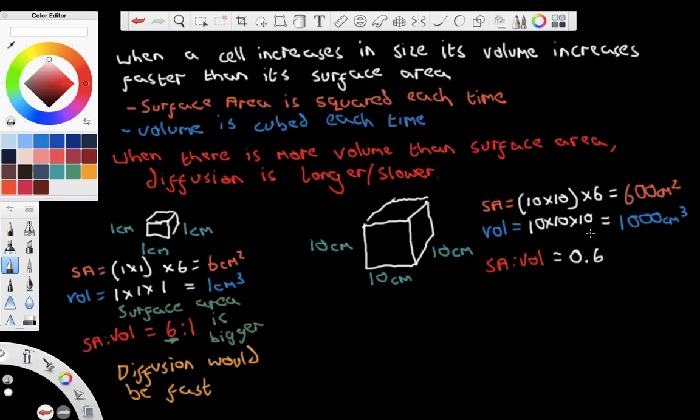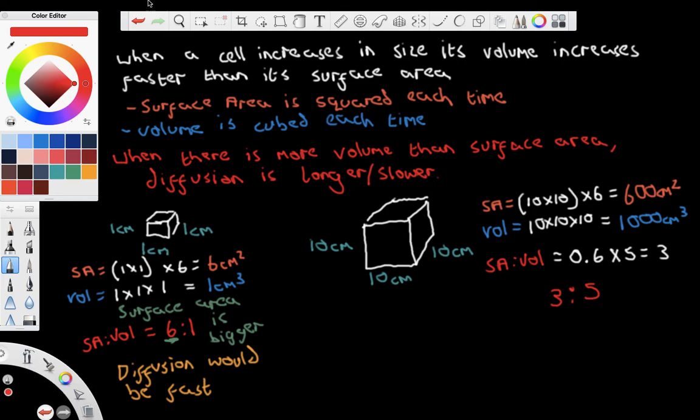To turn that into a whole number, you would need to times it by 5, which would give you the value of 3. Because we've times this by 5, we need to times the bottom bit by 5. So that gives us a surface area to volume ratio of 3 to 5.